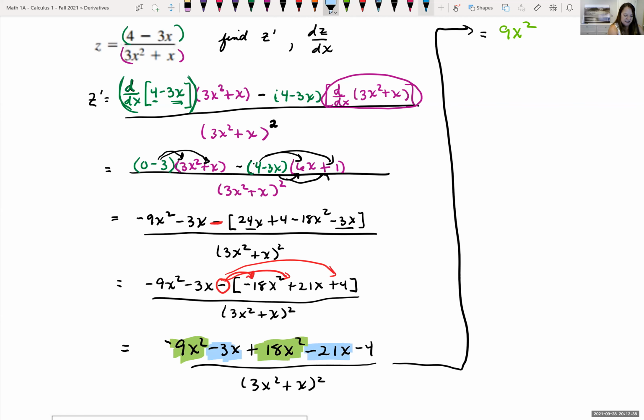So that's going to give us a minus 24x. And then minus 4. All over 3x squared plus x quantity squared.